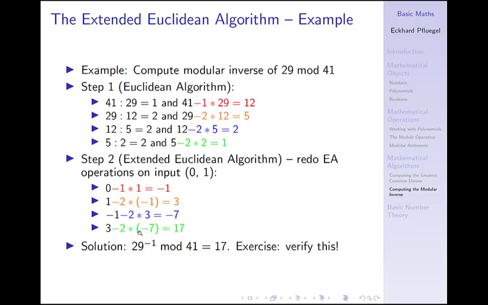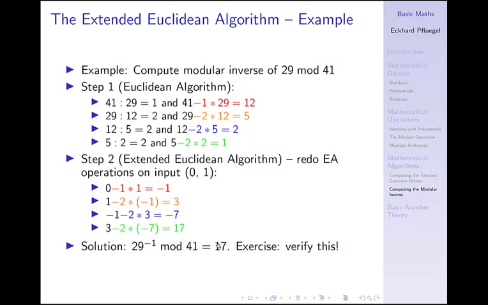So we get 3 plus 14 is 17. So finally, we're done. Because what I'm claiming is, and we haven't really proven it, but you just have to believe me now, this number here is the output. So the modular inverse of 29 mod 41 is 17.